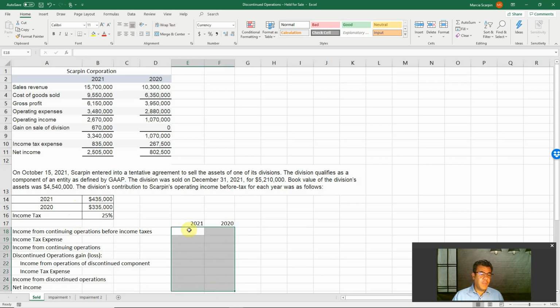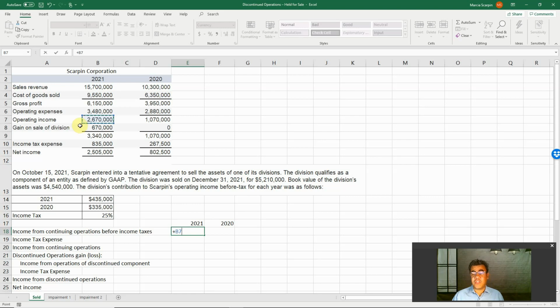The income from continuing operation before tax. So it is the operating income, because this gain on sale of division here is of the component that we are discontinuing, less 435. This one we need to remove from our income from continued operation.